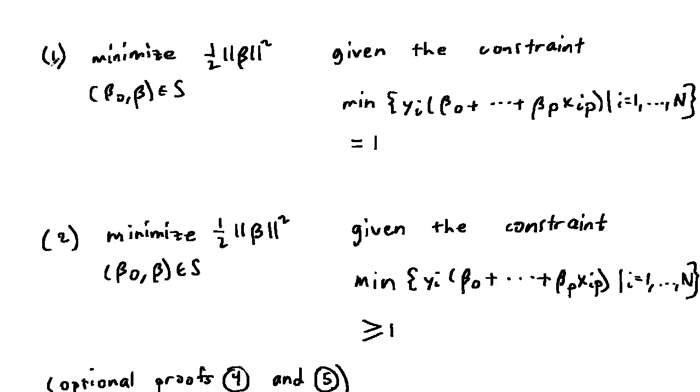Problems 1 and 2 are equivalent in the sense that the first problem has a solution if and only if the second problem has a solution. Furthermore, the solutions to 1 and 2 will give the same value for m sub beta naught beta. For the proofs, see the optional videos or documents titled Proofs 4 and 5.